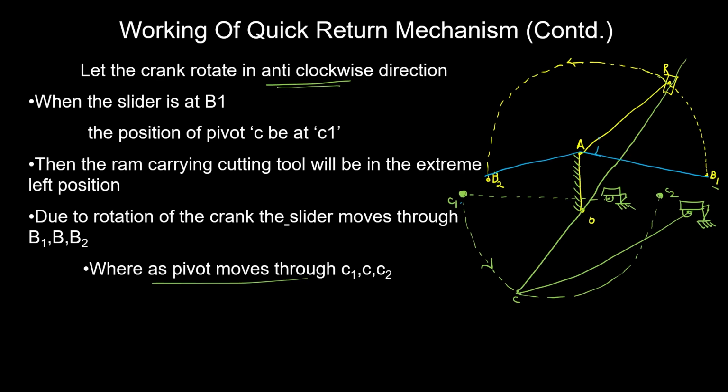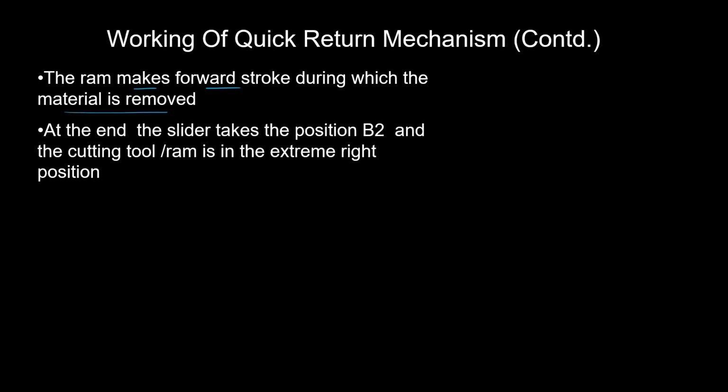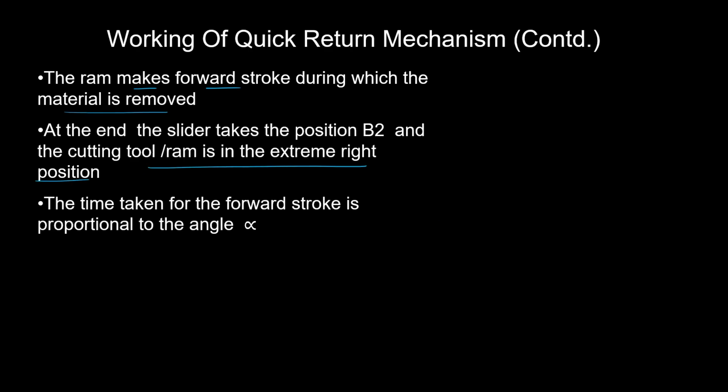So this angle is going to tell you about the forward stroke, and that is alpha. Due to this, the cutting tool will be at the extreme right position. Time taken for the forward stroke is proportional to angle alpha.